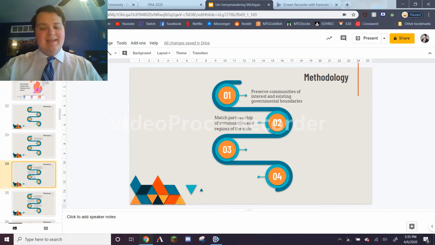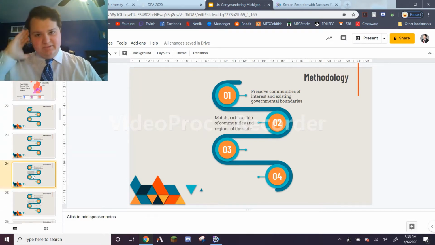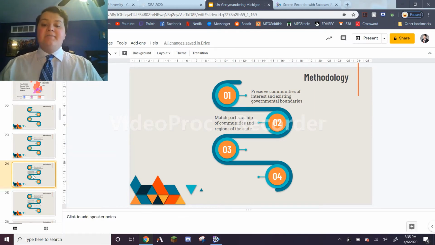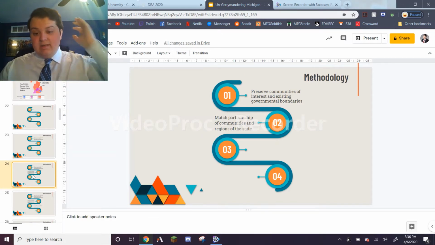The second one, and these are in order, by the way, from the top down in terms of how I rank them in my mind, was matching the partisanship of communities and regions of the state. Basically, if, let's say, there's a certain part of the state that's just a certain partisanship. Let's say like the Lansing area. The Lansing area within itself is actually somewhat Democratic nowadays.